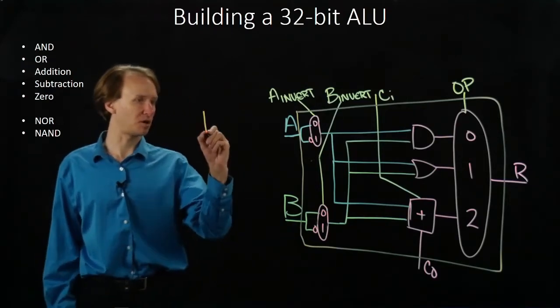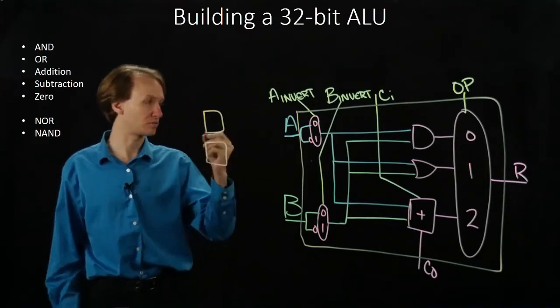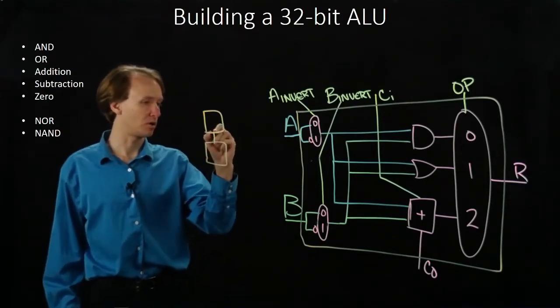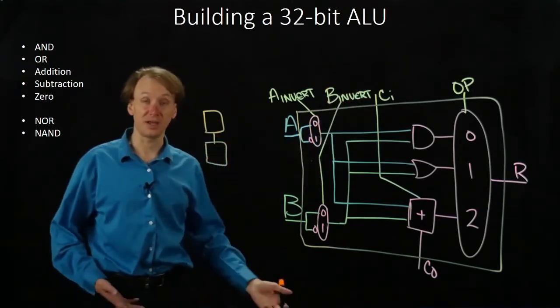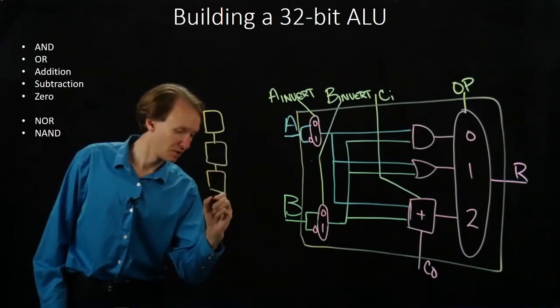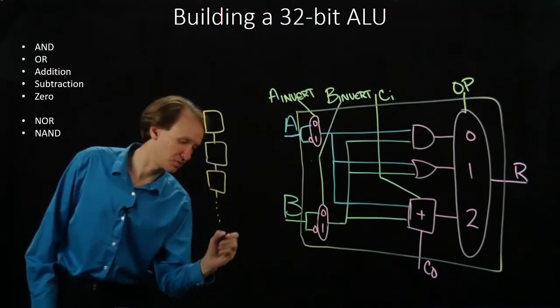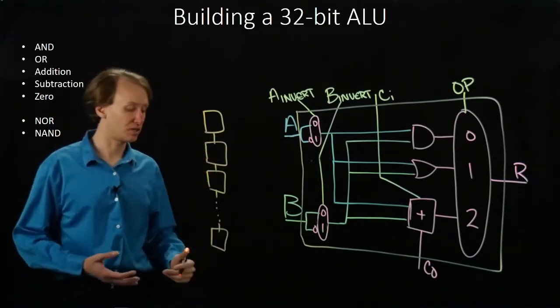If I take these boxes and I connect them kind of the way we've done before with, say, our adders, where our carry out from the first one feeds in as the carry in to the next, then I could stack up, say, 32 of these, which would enable me to do my addition.